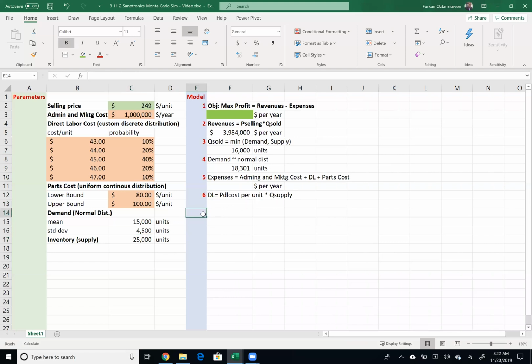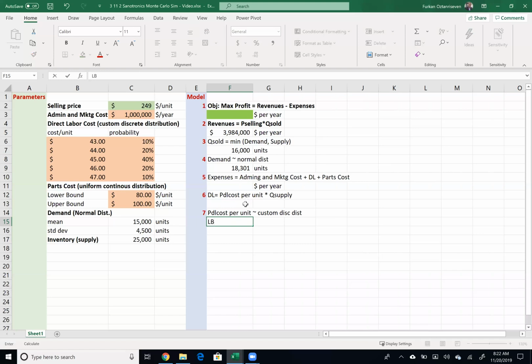So I need to calculate the direct labor cost per unit, which is based on a random number, based on a custom discrete distribution. How am I going to do that? To be able to do this, I need to calculate my lower and upper bound for probabilities.